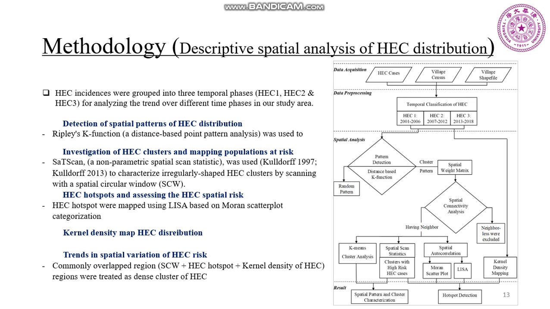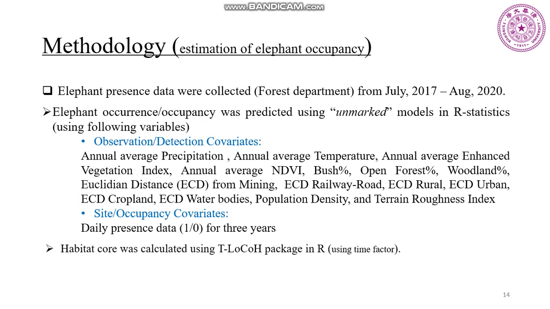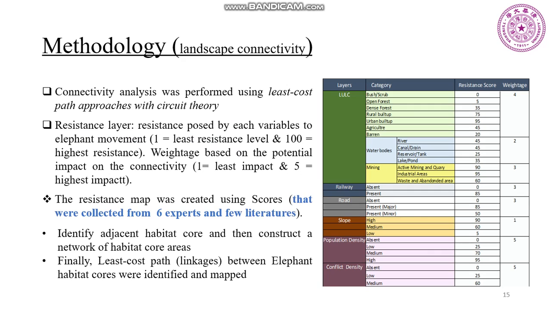respectively. I used Ripley's K function for pattern analysis and SaTScan for evaluating the number of people who are vulnerable to HEC. I used Moran scatter plot and LISA for hotspot mapping, and kernel density mapping for HEC distribution. For estimating elephant occupancy, I relied on an unmarked model using various covariates that I have listed here.